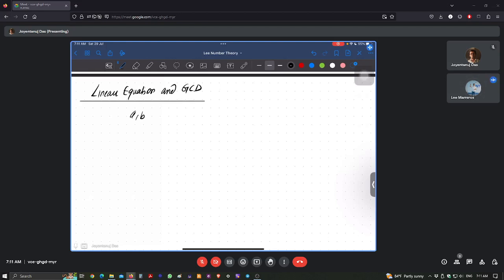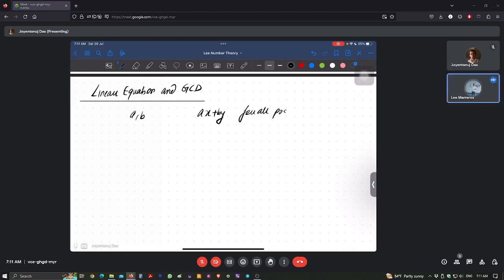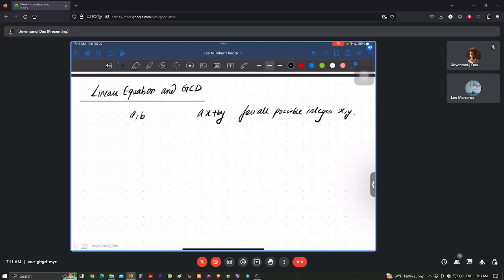Then ax plus by, for all possible integers x and y, is in some sense equal to something. This is called a linear equation, you can say.